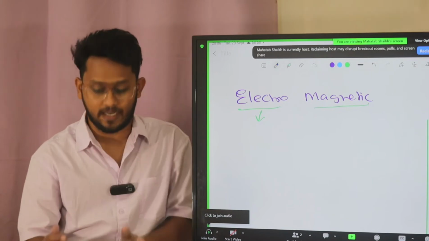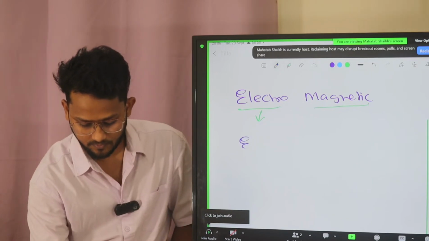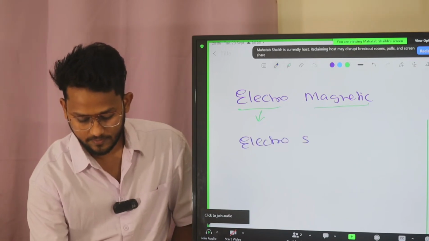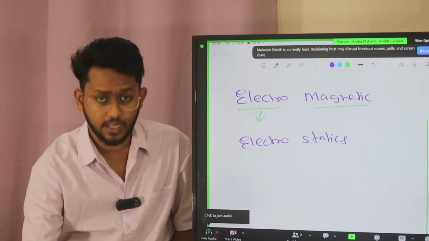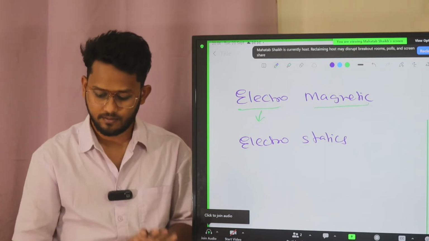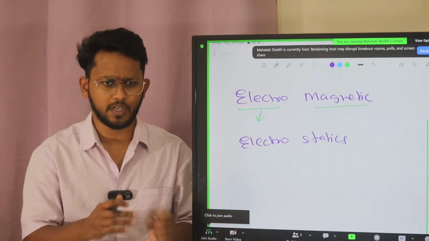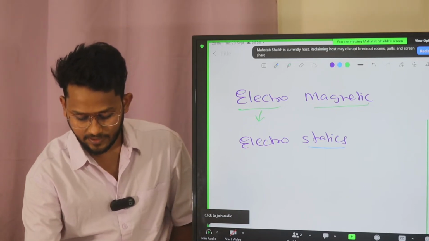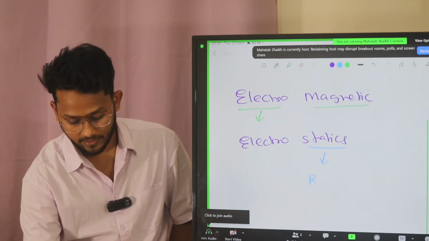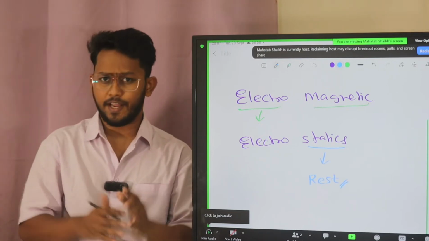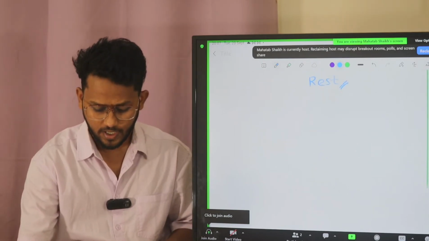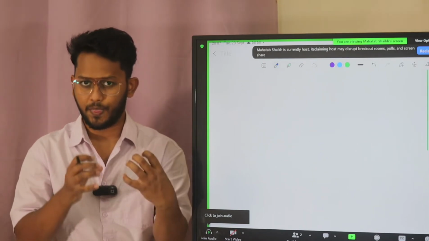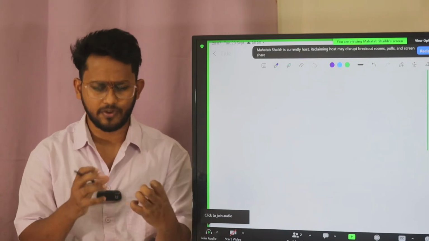Now electrostatics. Statics means charges at rest, right? Dynamic means something is moving. So statics means charges are at rest. Whenever these charges are there, whether positive or negative, there is some kind of force between them.